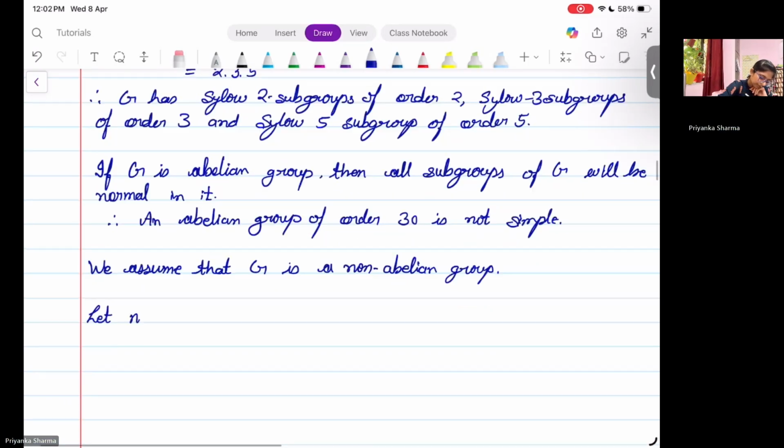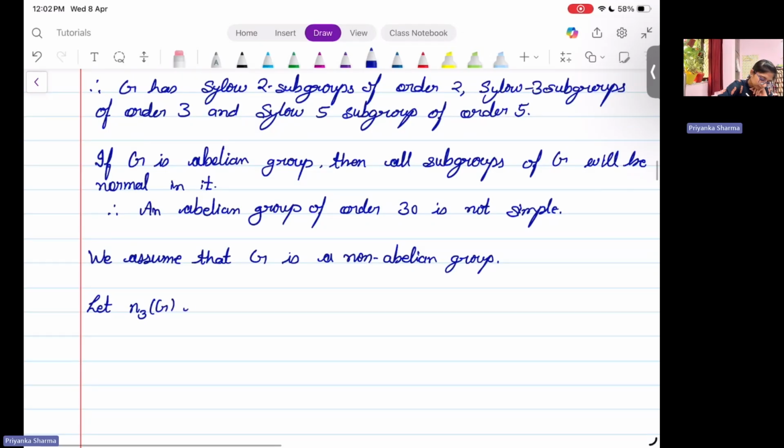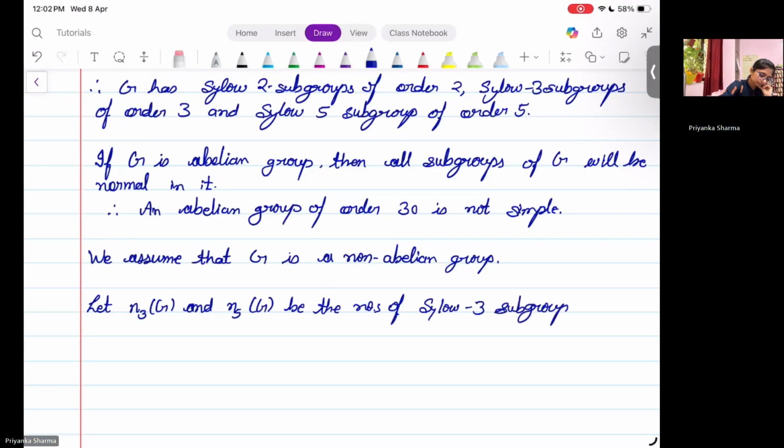Let N3(G) and N5(G) be the number of Sylow 3 subgroups and Sylow 5 subgroups of G respectively.